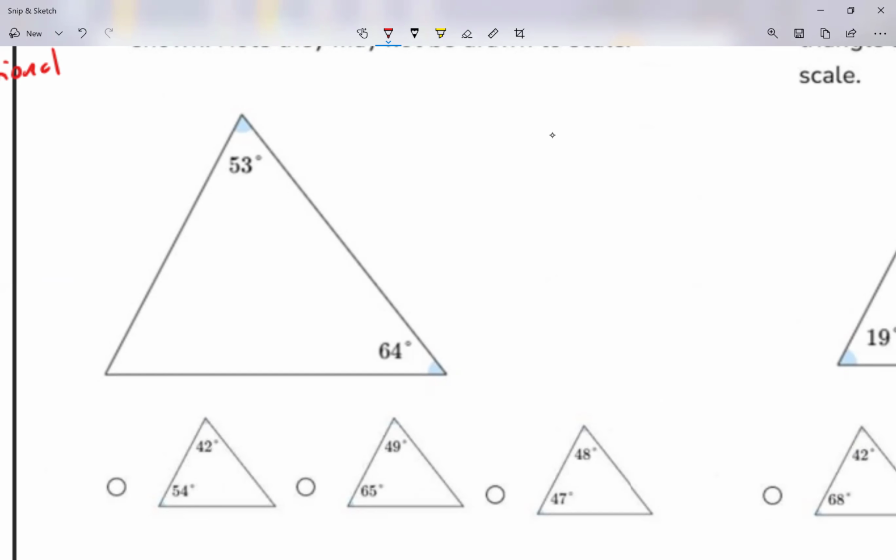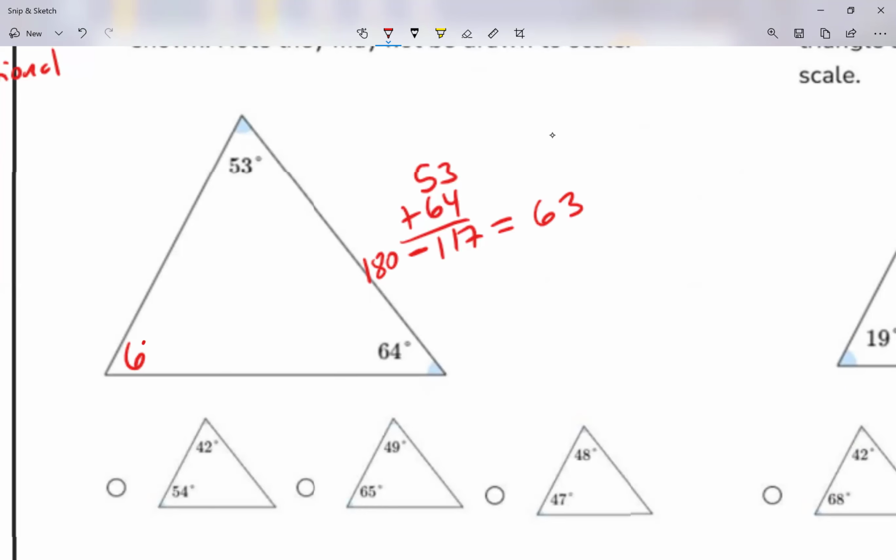First, I'm going to add the two angles: 53 plus 64, that's 117. To find the third angle, 180 minus 117 gives me 63. So my third angle is 63.